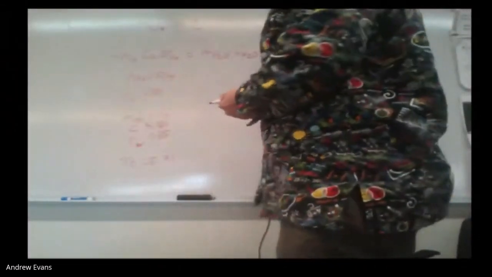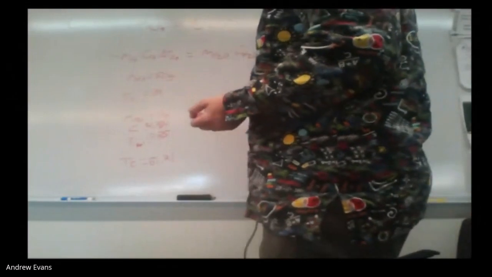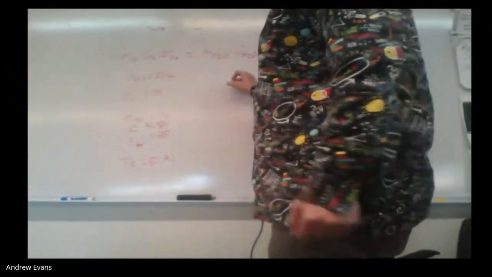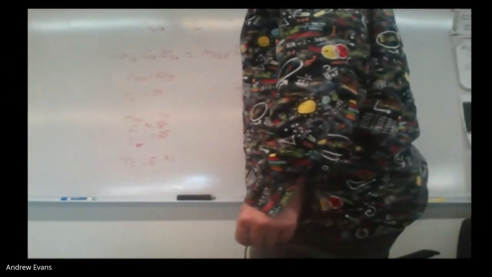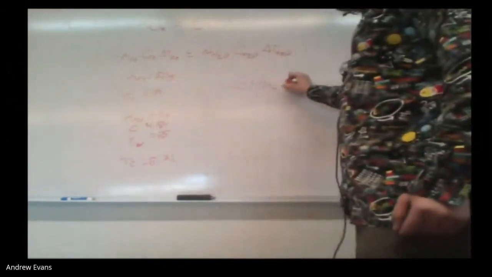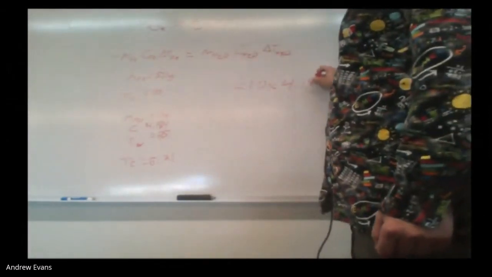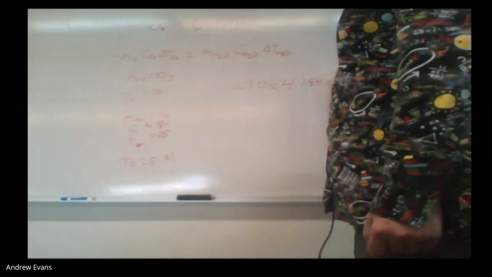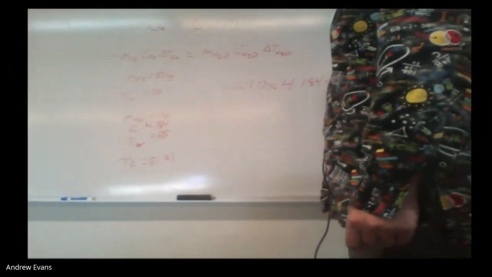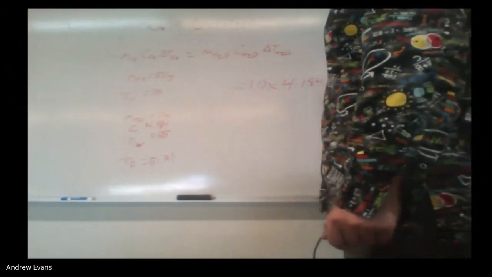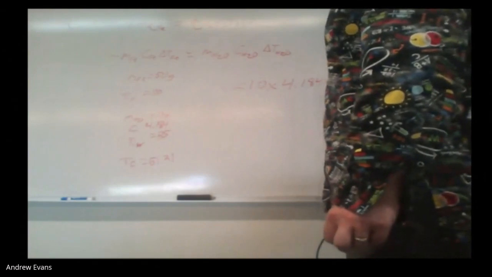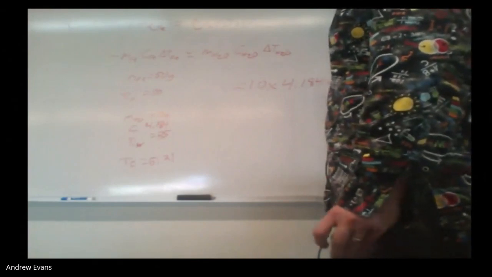Okay, with that in mind, we can calculate the heat of water just fine. So we're going to have 10 times 4.184 times 51.21 minus 25, or essentially 26.21.